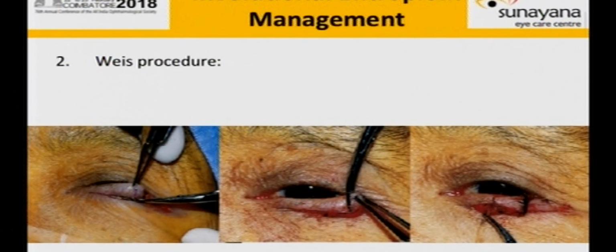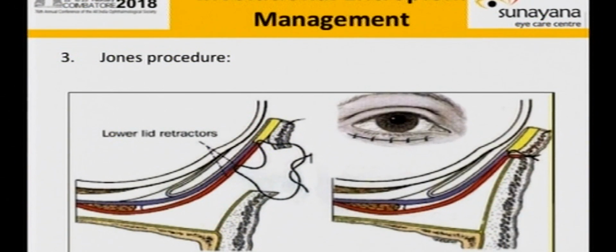Weiss described a procedure where you transversely completely divide the eyelid just below the tarsus, and you resuture it in a form where a fibrotic band is formed, due to which the eversion is possible. The horizontal eyelid laxity can also be addressed with this procedure. The Jones procedure is the gold standard in management of senile entropion.